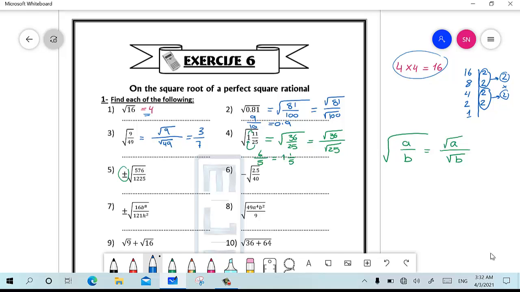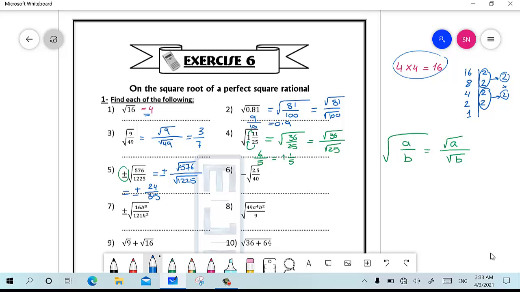Here we are going to use our calculator, and we will find that this is equal to positive negative, distribute the square root, 576 over square root 1225. So this is going to be equal to positive negative 24 over 35.